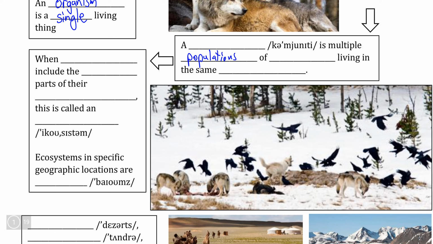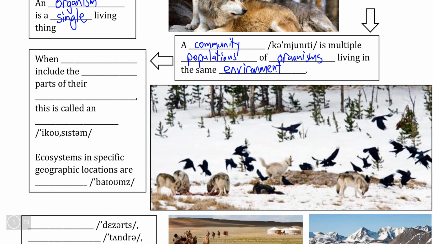So because we have multiple populations of different species of organisms that are all living within the same environment, now we can begin to see the different interactions between these organisms that exist. And together, the ravens and the wolves, and even the trees that represent a plant population, these three populations together are what we call a community.